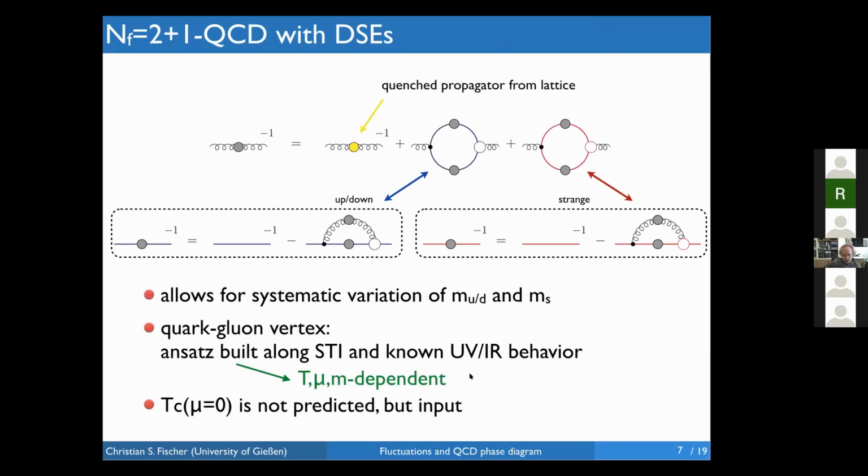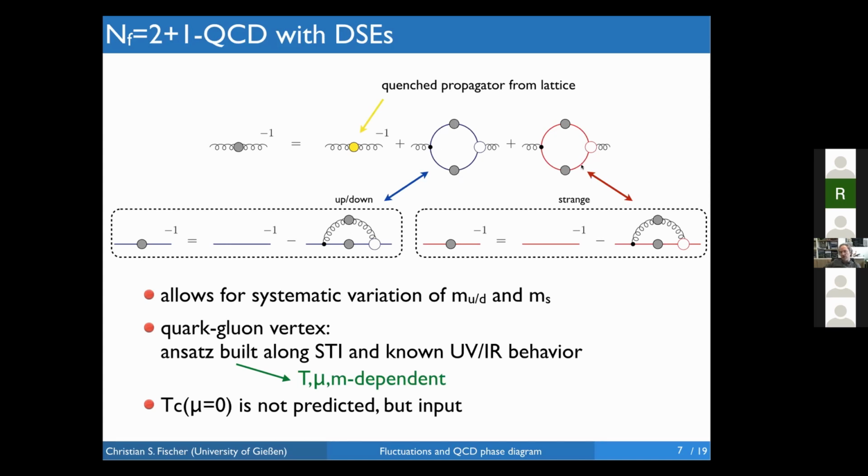For now, we resort to this system here. So what you see here is the quark Dyson-Schwinger equation for the up-down quark. We work in the isospin symmetric limit, and also a separate equation for the strange quark. And these two are back-coupled to the gluon. We use as a seed the quenched propagator from lattice calculations, a quenched temperature-dependent propagator, and add to this the back-coupling effects due to the up-down and the strange quark.